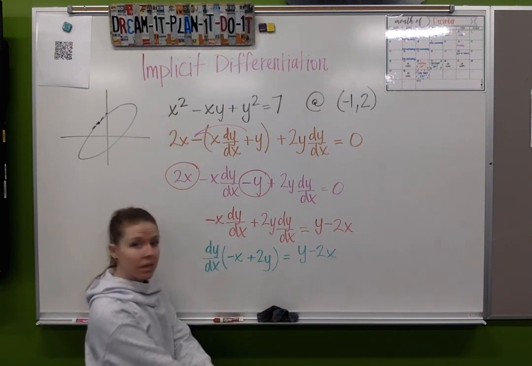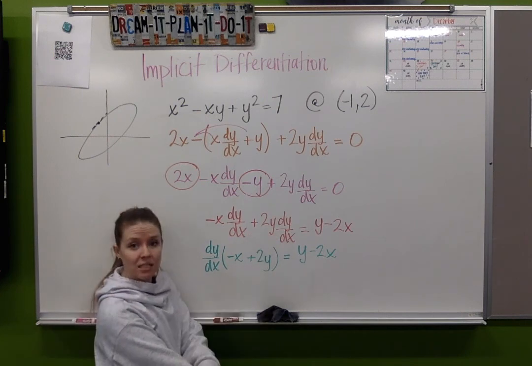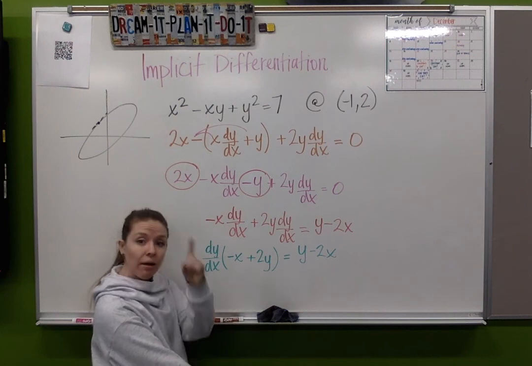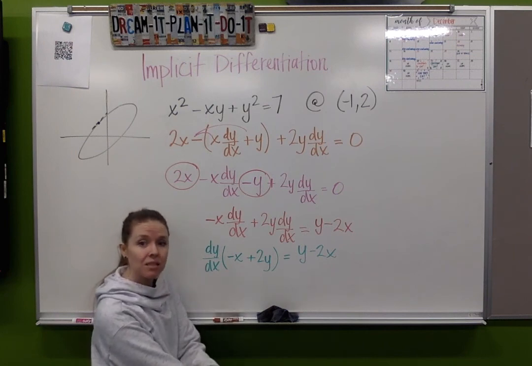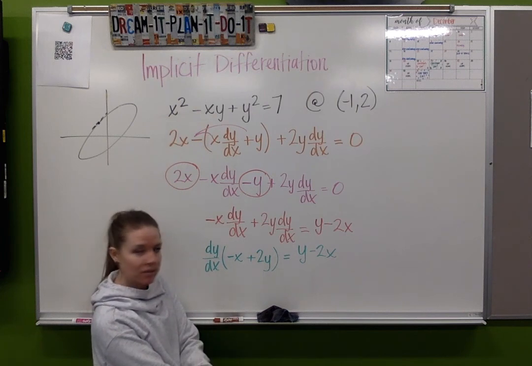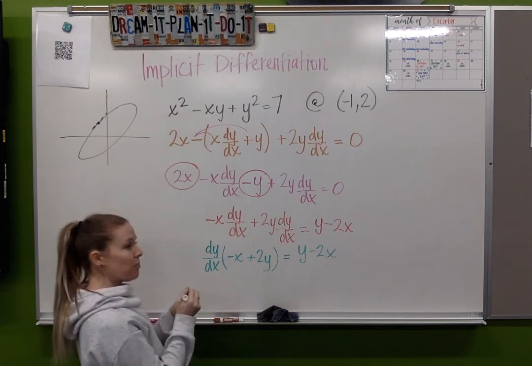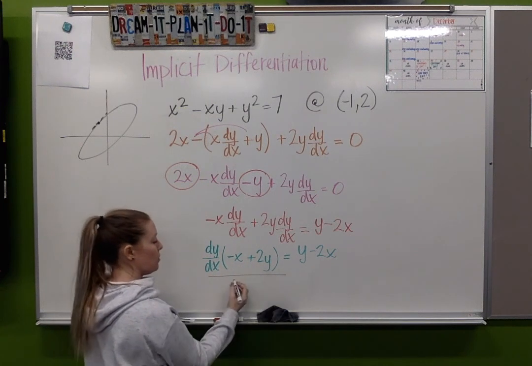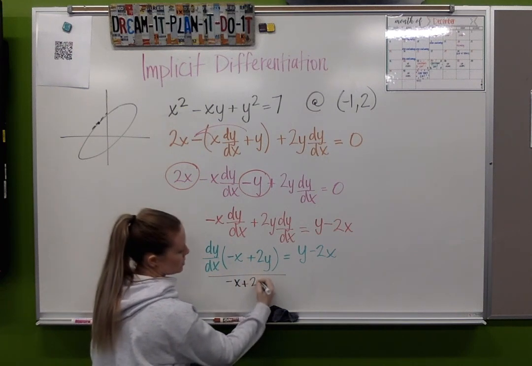Yeah? So these two terms had a dy/dx in common, so I'm going to factor that out front. So now I only have the one dy/dx. How can I get it by itself? How can I isolate the dy/dx? My final step, I am going to divide by my negative x plus 2y.